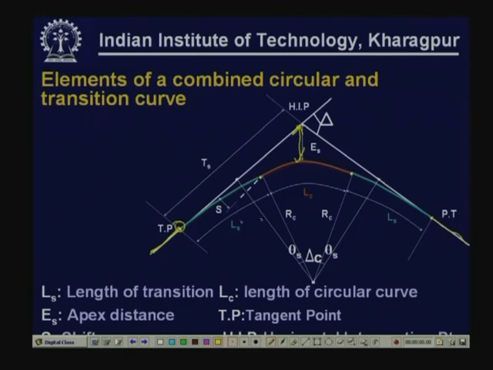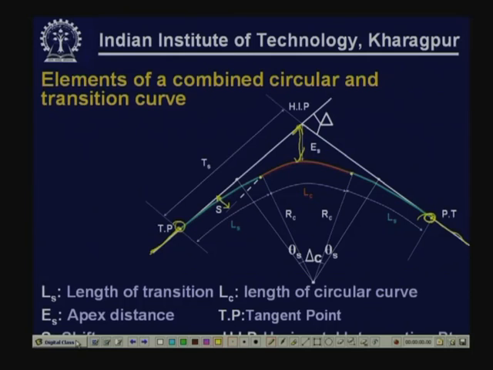These are the two tangent points, okay, and this is the amount of shift, which is normally designated as S. Okay.